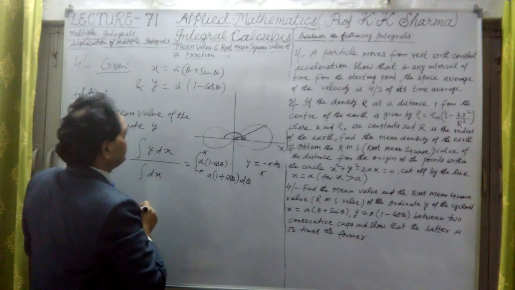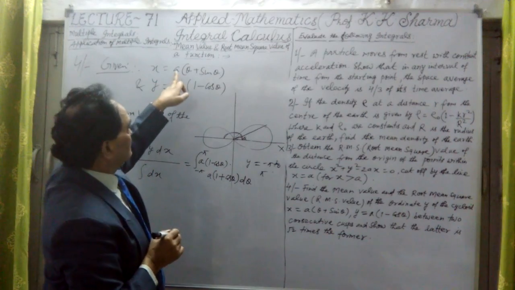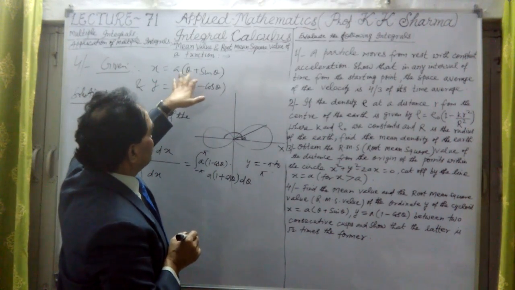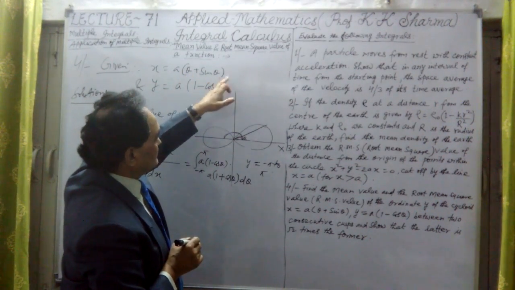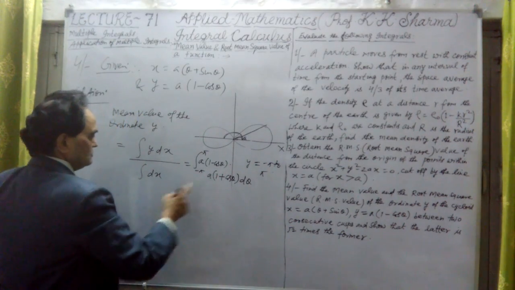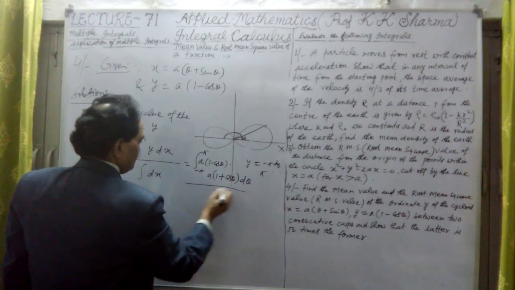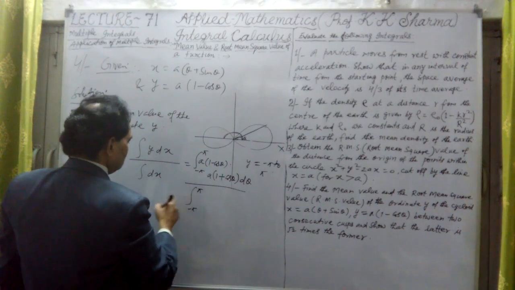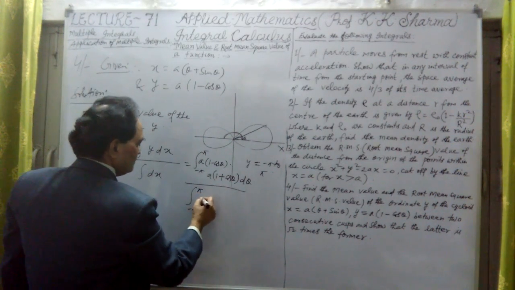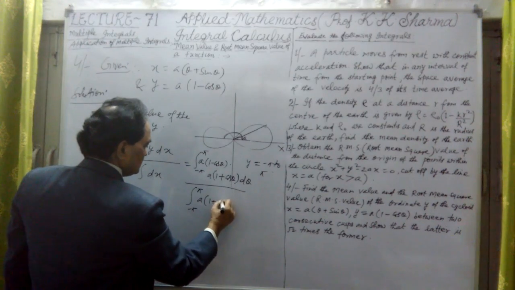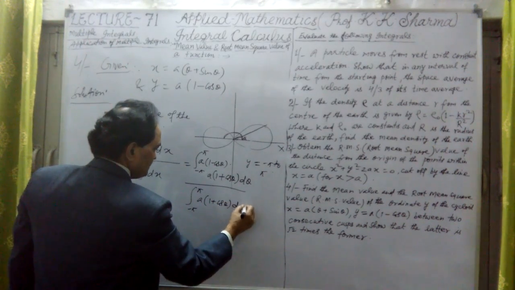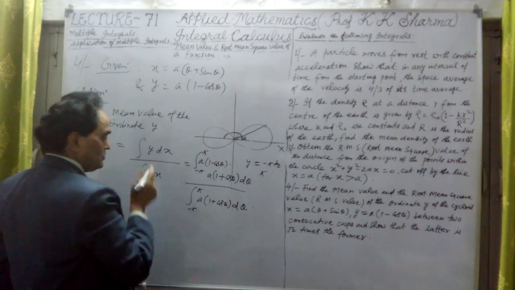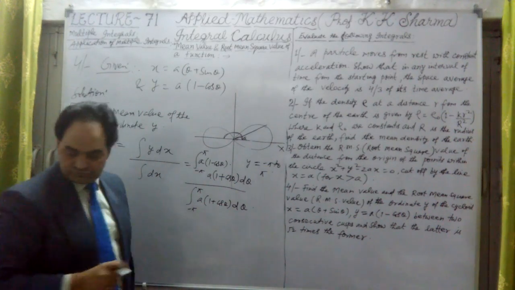So dx equals a into 1 plus cos theta into d theta. Now divide by the integral over minus pi to plus pi of only dx, a into 1 plus cos theta into d theta. This is the mean value.